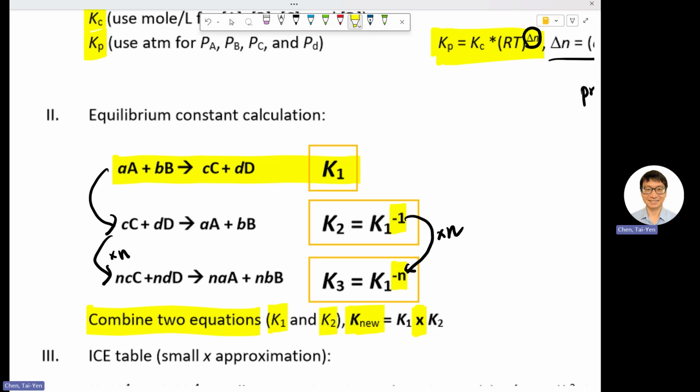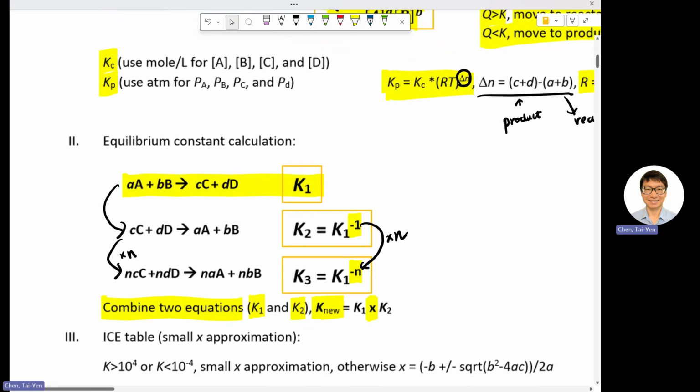The reason is also very simple: the reactants in the first equation and the reactants in the second equation don't belong to the same reaction, so they all need to multiply with each other. That's why when you add up two equations, the new K will be the product, not the addition, the product of the two original equilibrium constants. Any questions so far?